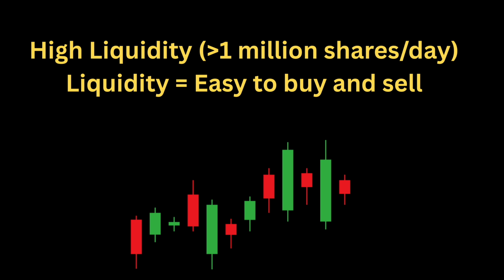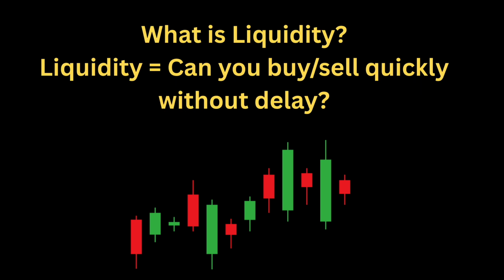These are usually active, with high volume and less chance of price slippage or getting trapped. And what exactly is liquidity? It means I can buy and sell a stock easily without waiting, and my orders will get executed. Stocks that don't have liquidity are very risky, especially in intraday.